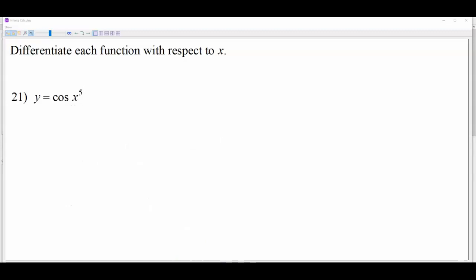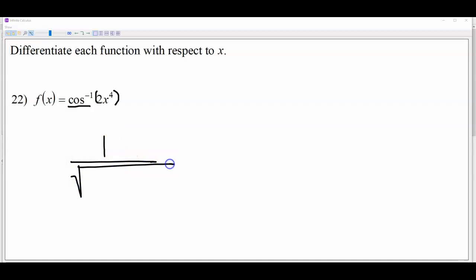All right, moving on to number 22. Moving into the arc trig functions. All right, so you have to just have these little derivative rules memorized. But the derivative of the outside function, arc cosine, is a rather odd one. It is 1 over square root of 1 minus whatever's on the inside squared.